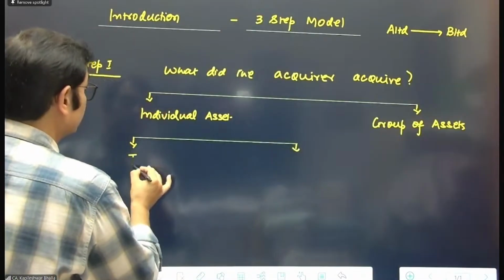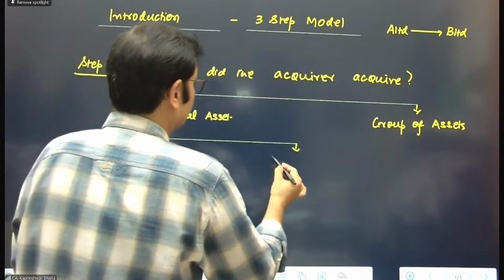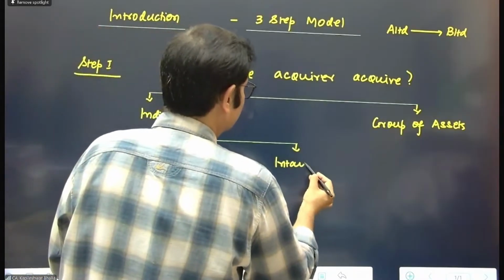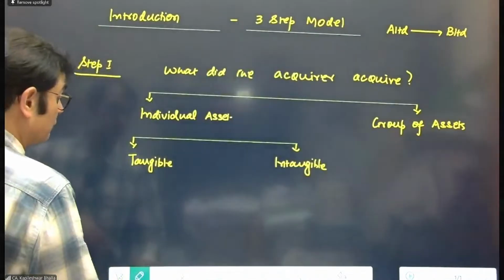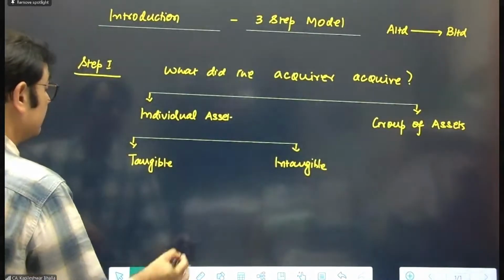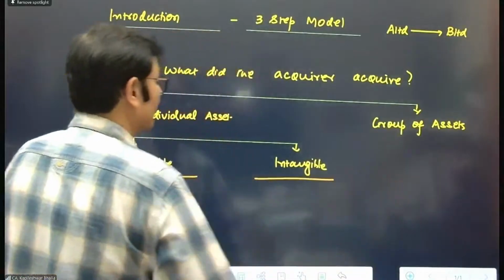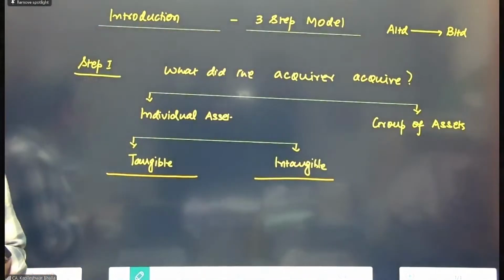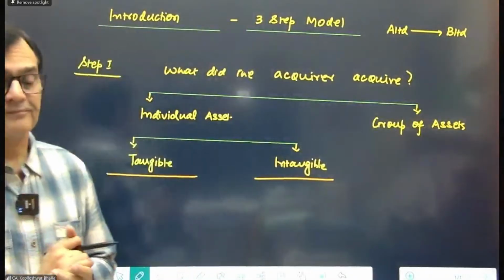So we will say, okay, did he acquire a tangible asset or did he acquire an intangible asset? Based on your previous knowledge, would you like to tell me that if it is a tangible asset, which Ind AS would apply? And if it is an intangible asset, then which Ind AS would apply?